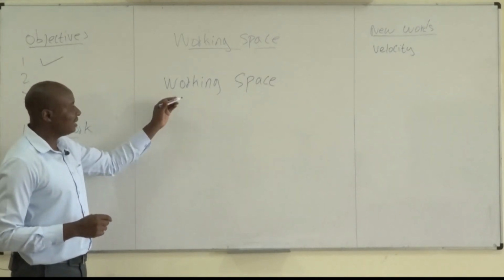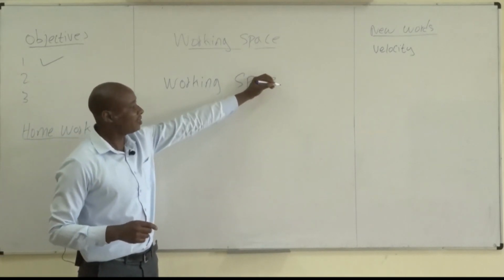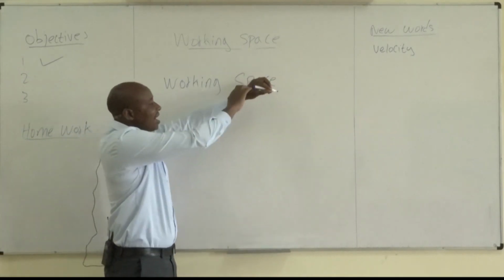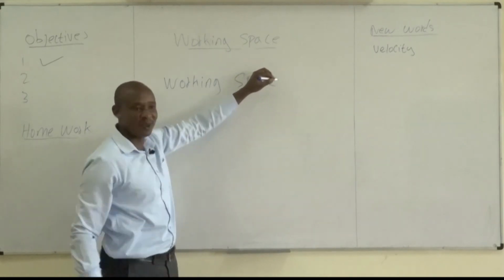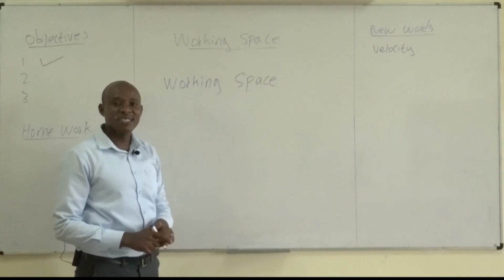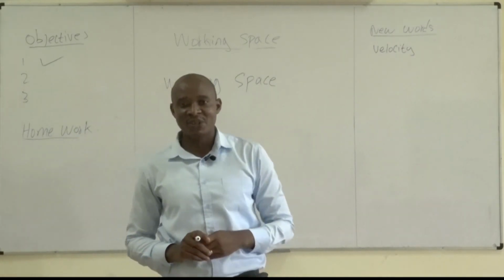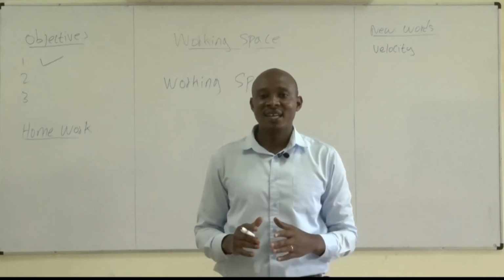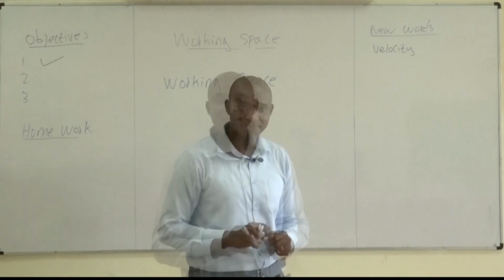The slight disadvantage is that when they are writing from the left, their hand is blocking what they are writing. And as I said from the beginning, we don't have a law governing writing on the board, but best practices that work is what I am teaching today.